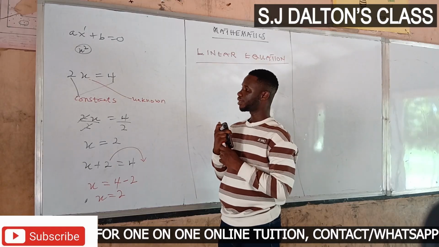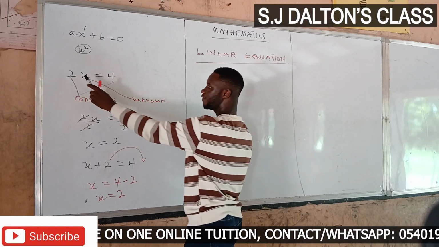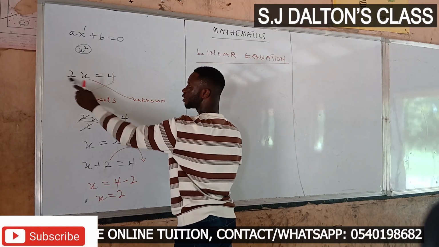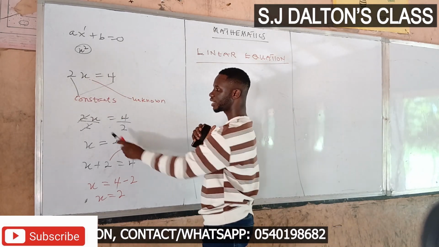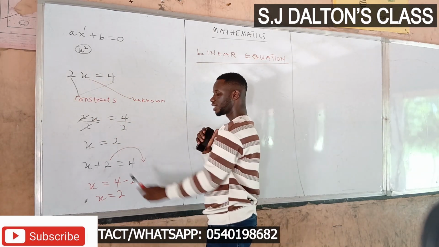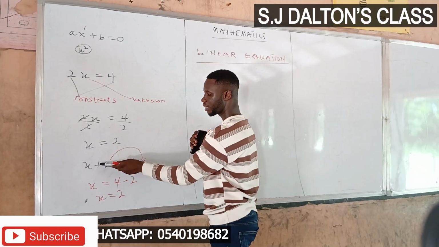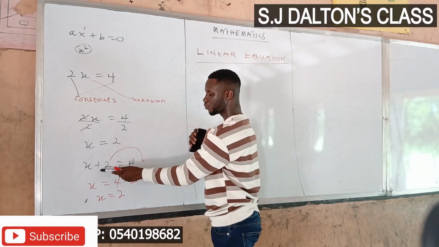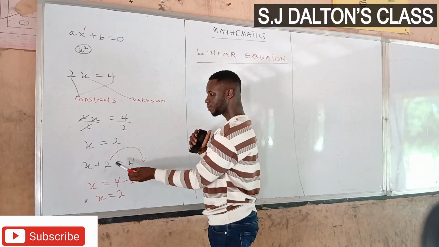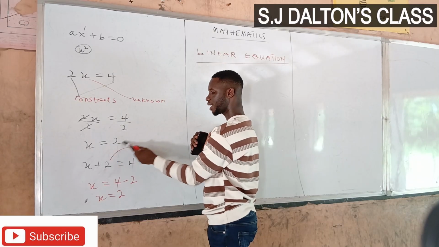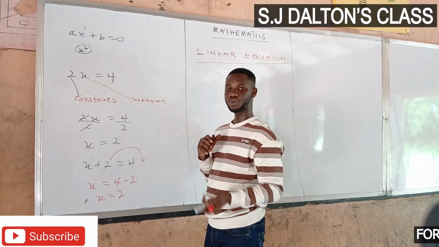So you must take note that if there is no symbol between the constant and the variable, it means they are multiplying. And when you are getting rid of the constant, we divide. If we have a symbol like this, we have plus here. To get rid of it, you subtract 2 from both sides. Or simply, you take that number to the other side. That's grouping of like terms.